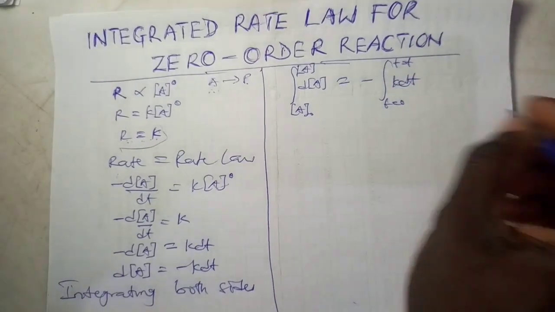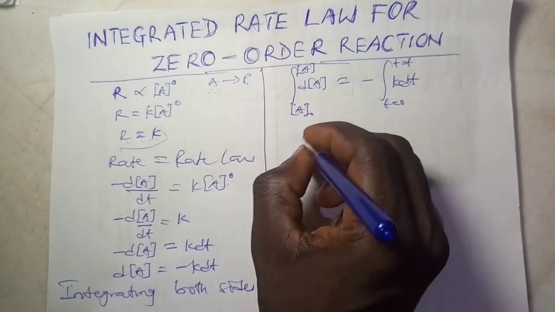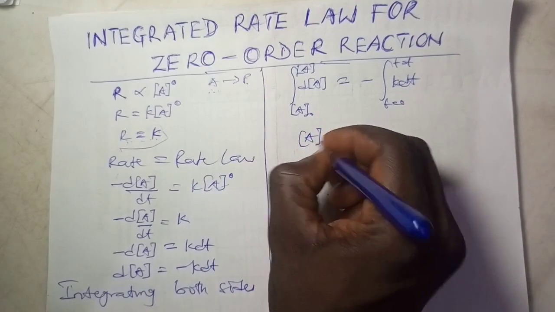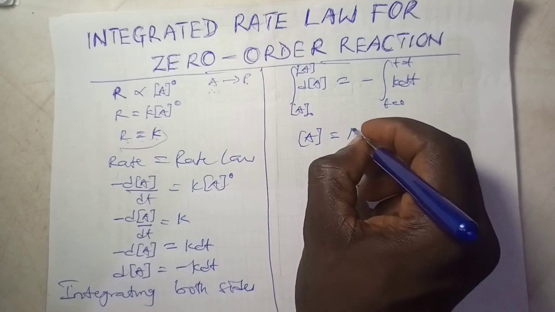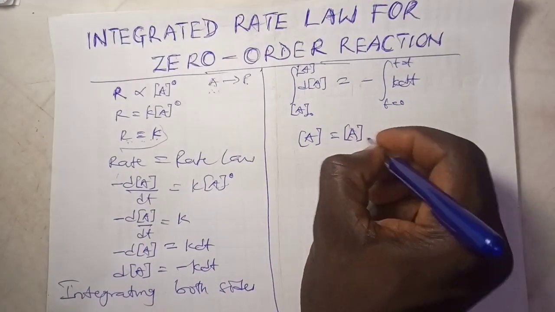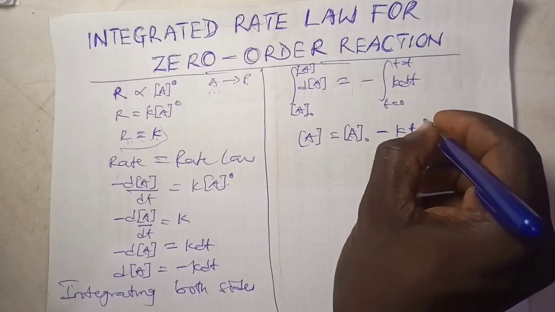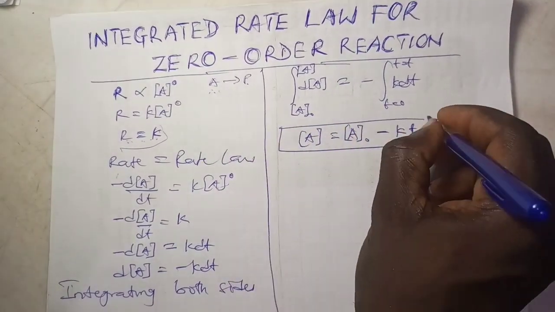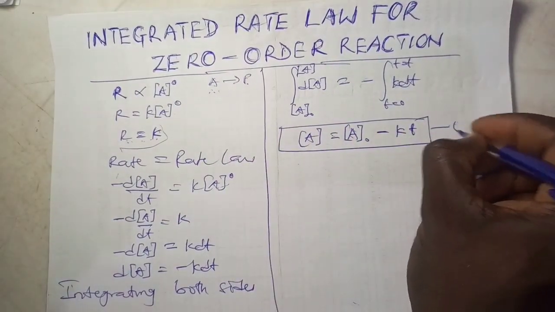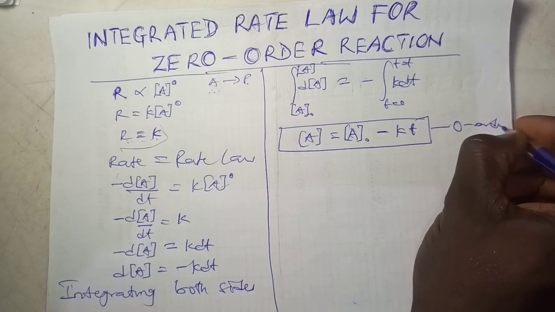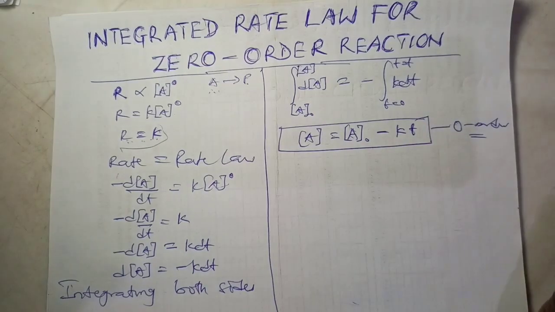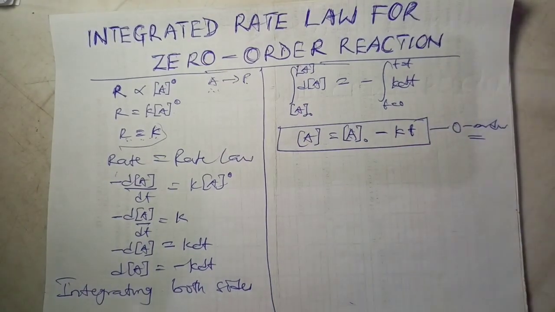With that, that will give concentration of A is equal to concentration of A naught minus Kt. This is the integrated rate law for zero order.